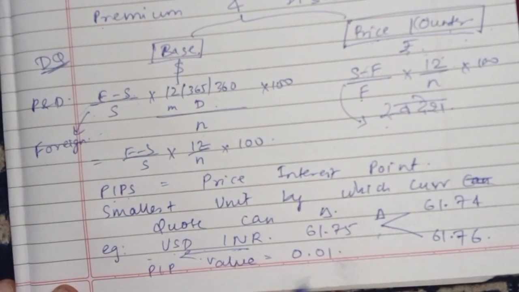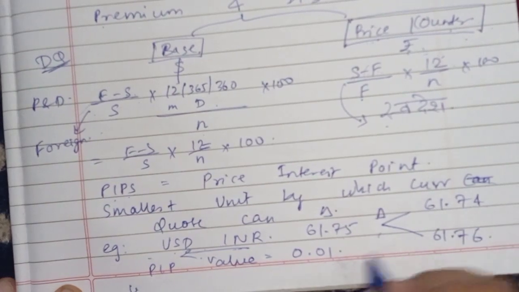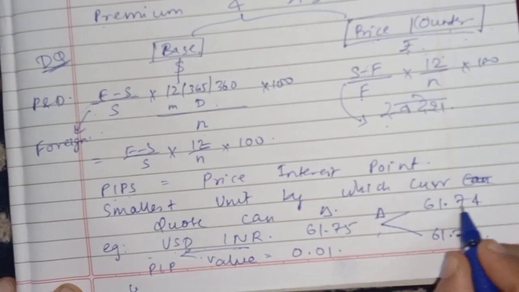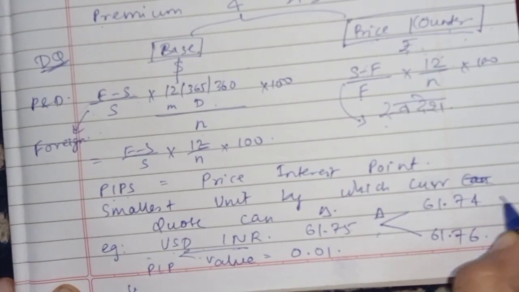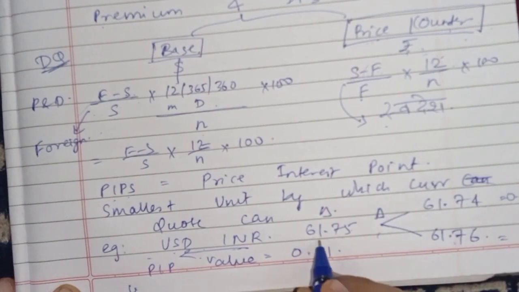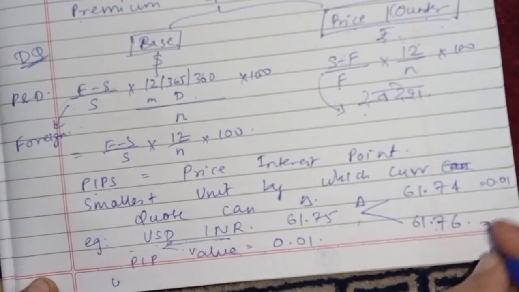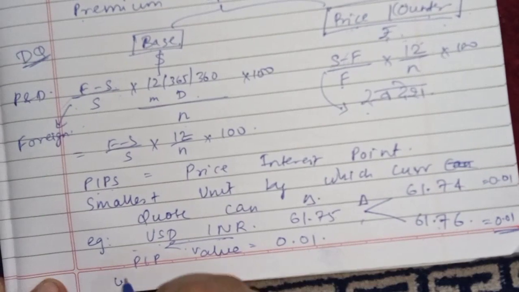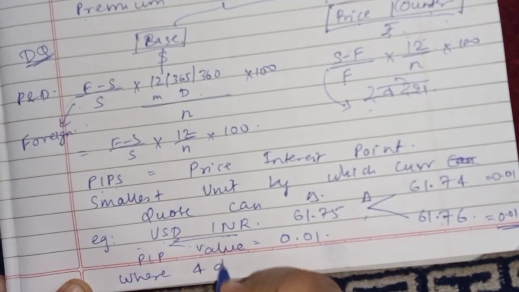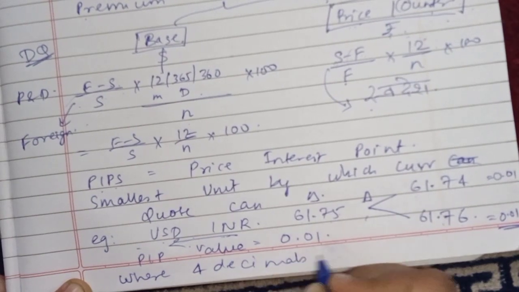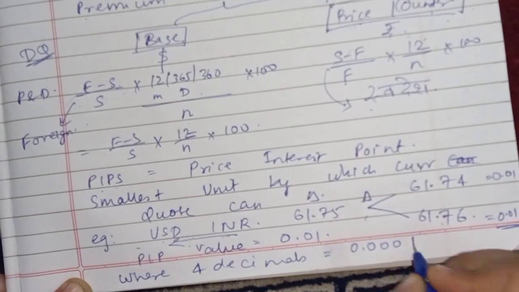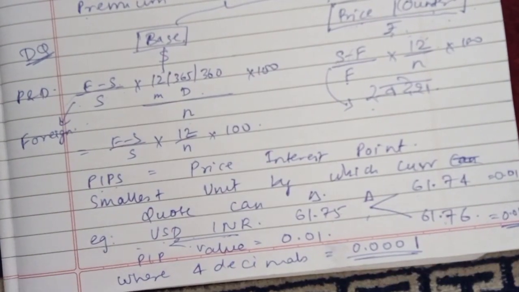How will we compute it? 61.75 minus 61.74 will be 0.01. Also, 61.76 minus 61.75 gives you 0.01. Also, this PIPS value is when 2 decimals are given. In case 4 decimals are given, it will be written as 0.0001. So this is the PIPS.